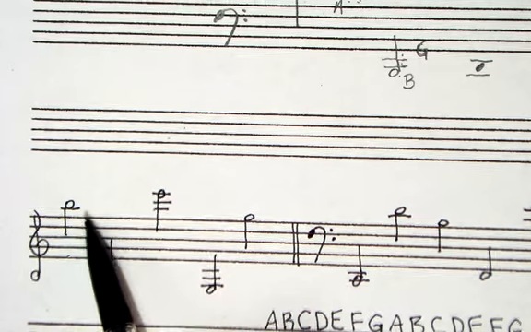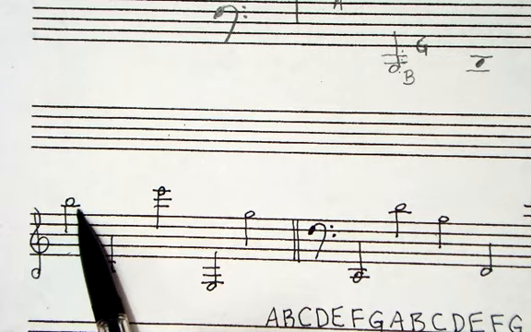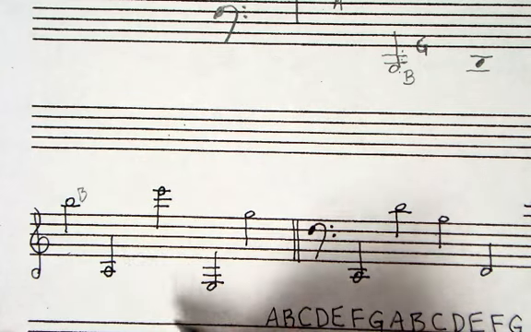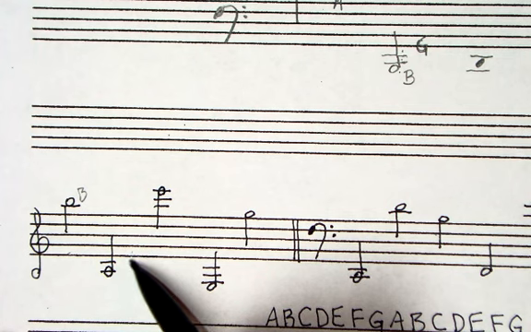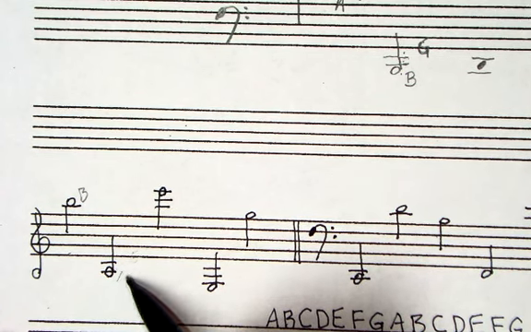So if this is F line, G space, A line, B, that space. This one's got to go backwards. Notice it's 2 ledger lines down. So this is an E for every. E line, D space, C line, B space, A. That's a low A.